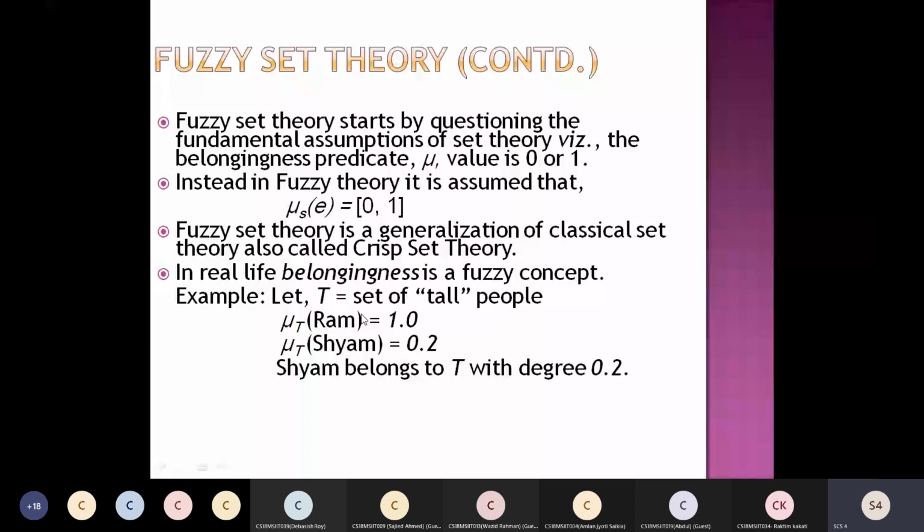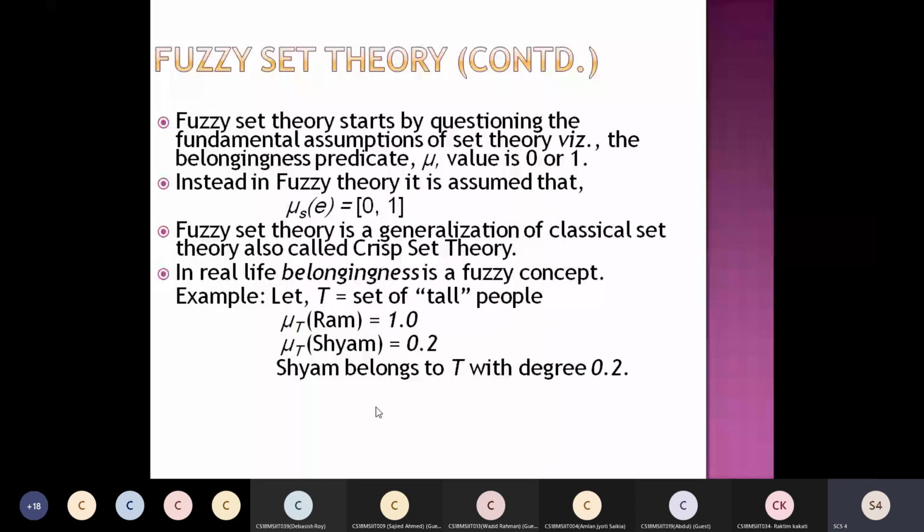Suppose this value mu t sham is equal to 0.2. That is somewhere between 5 feet 8 inch to 6 feet. Right. So in that way, क्योंकि आपको पता है कि tall people and not tall people, that is 0 and 1.